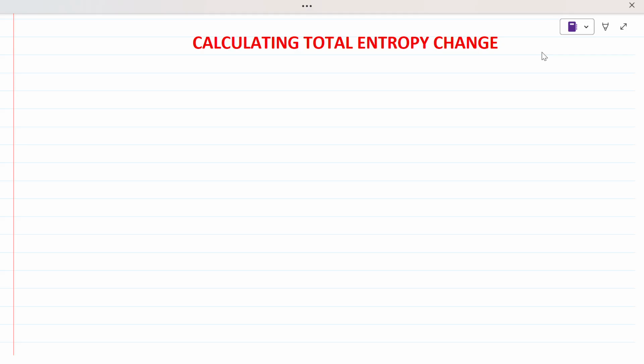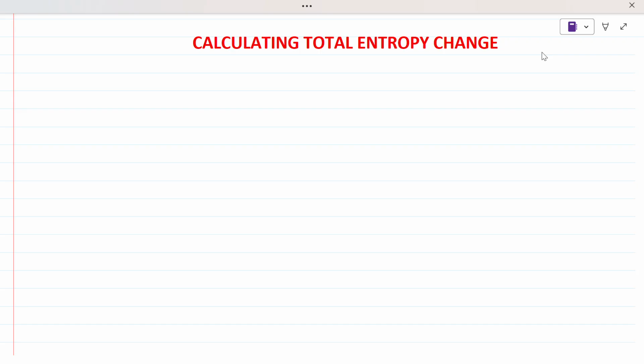Now, if I want to do such a calculation, maybe you've been given data that you don't know how to deal with, and you are asked to calculate total entropy of a given reaction.